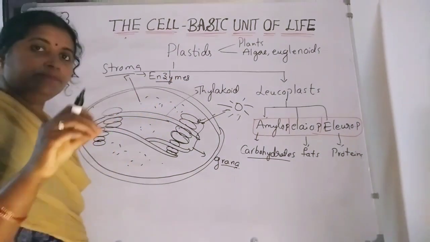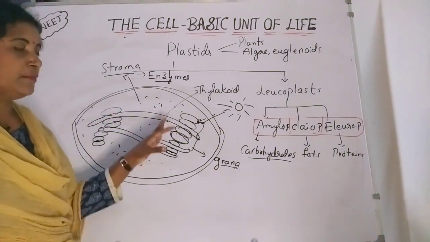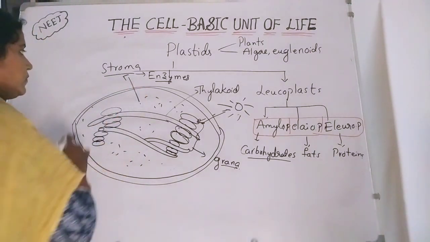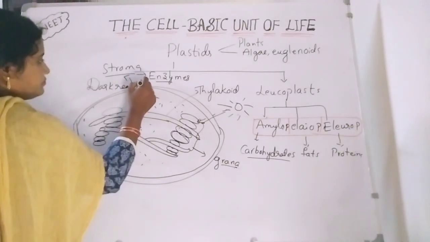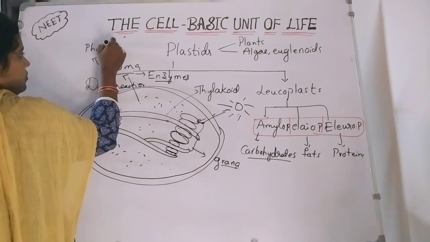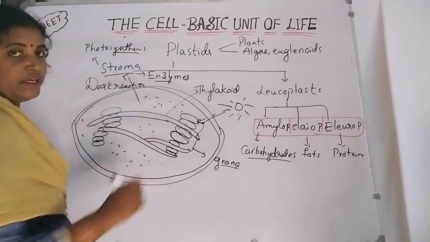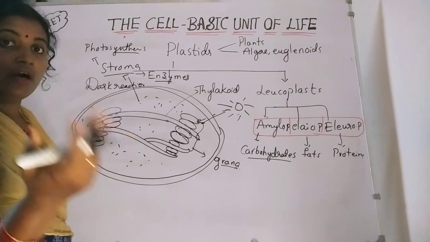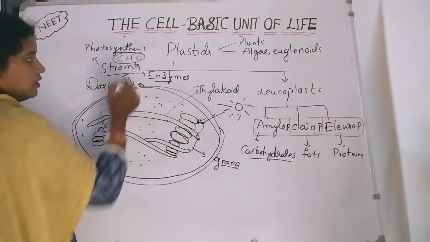The third membrane is present in the stroma, and the stroma is responsible for the dark reactions of photosynthesis. What is the main function? Reduction of carbon dioxide into carbohydrates. So carbohydrate formation takes place in the stroma only.